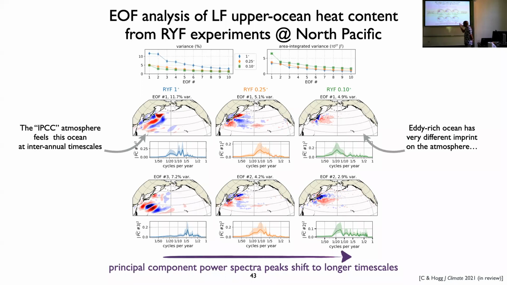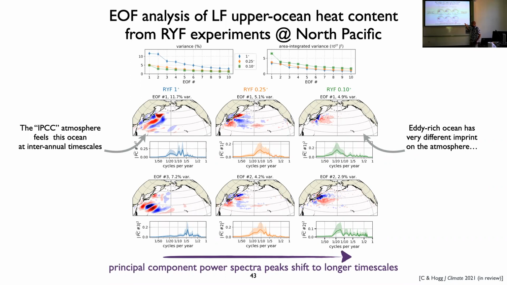So what we see here is that IPCC report atmospheres, I'm putting this question here, like atmospheres usually used for climate predictions, feel that kind of patterns from the ocean, while high resolution ocean models give you this kind of patterns.